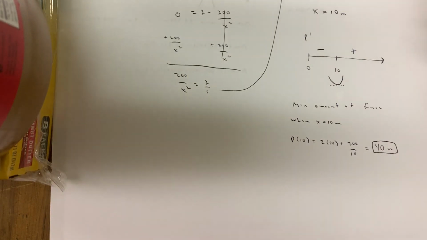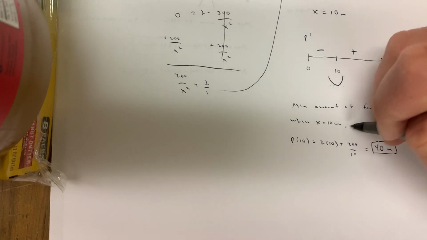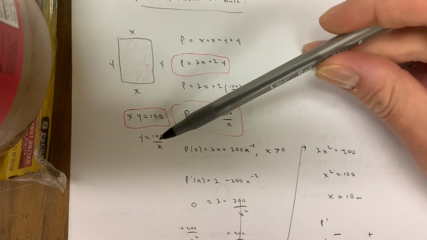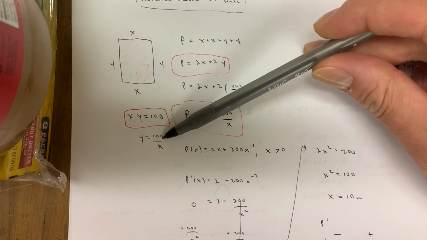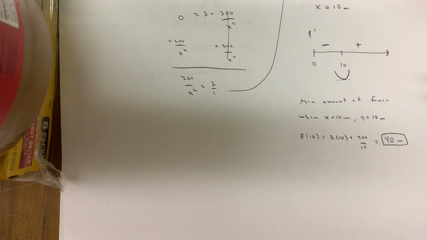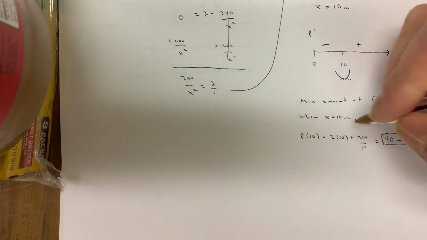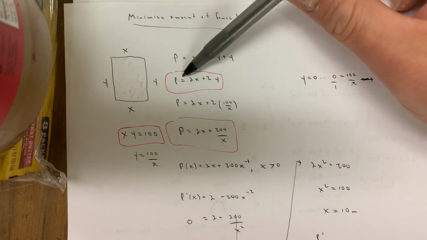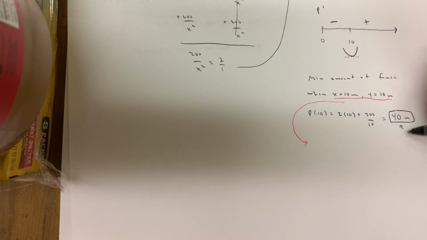Remember, you could have also said min amount of fence when x equals 10 meters, then found what y is, right? So we know the relationship between y and x, okay? So 100 divided by 10 would be 10. So when x is 10 meters, y is 10 meters. Then if you did it that way, so really you already finished the problem, but if you did it this way, you could use this formula for the min amount of fence, okay, and get that your min amount, this, by the way, is the min amount.